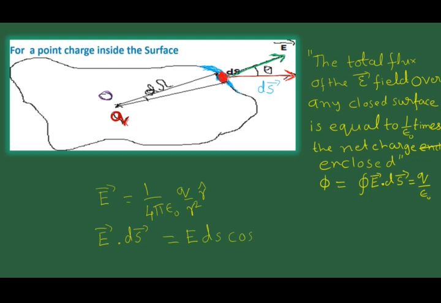Now no vectors here, cos theta. Or I will substitute this in E. I will get 1 over 4 pi epsilon naught, q by 4 pi epsilon naught, and ds, that I will write like this, ds and r square, cos theta.